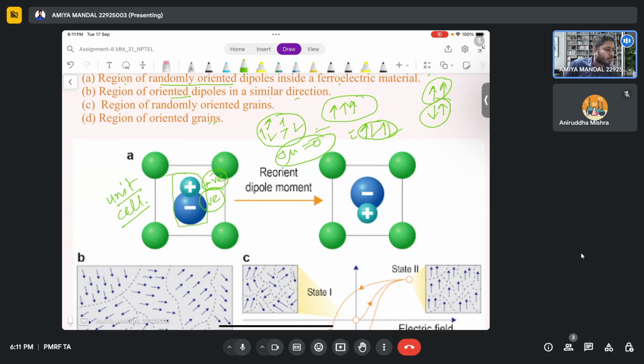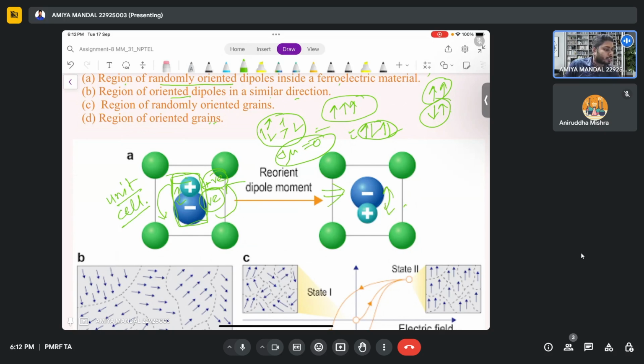This turns out to be a dipole, separated by a small distance d. When we reorient this dipole, we shift the negative charge to the positive position and the positive charge to the negative position, and looking at the unit cell, it looks just like this.